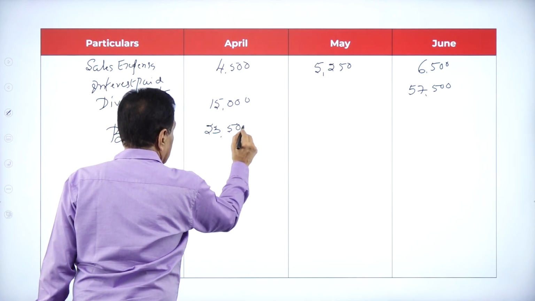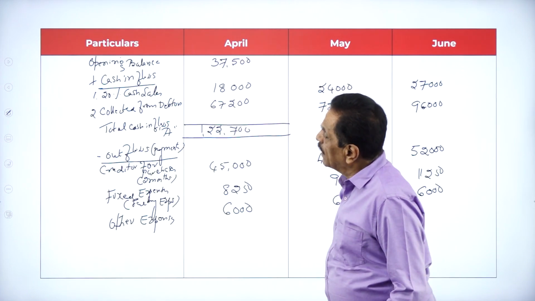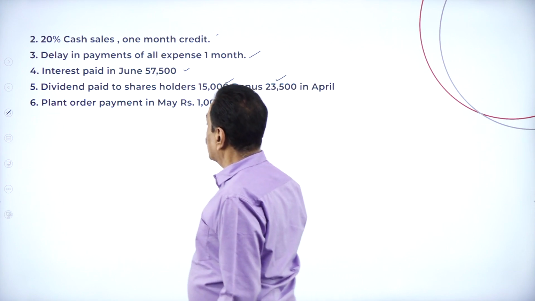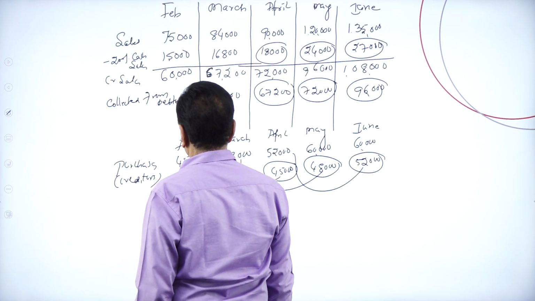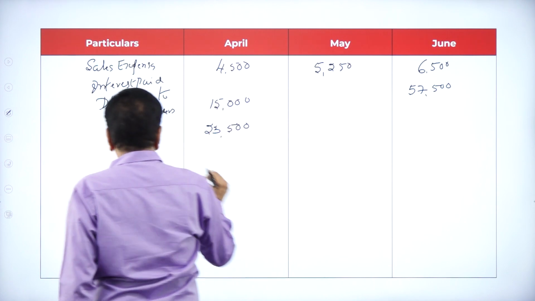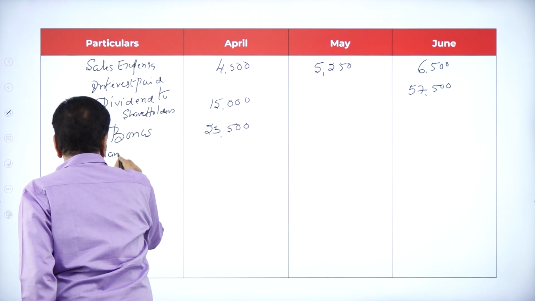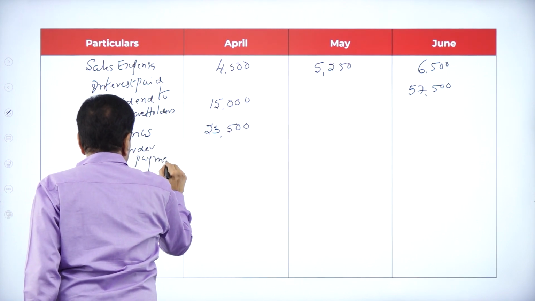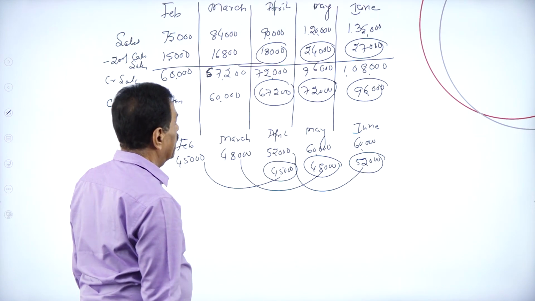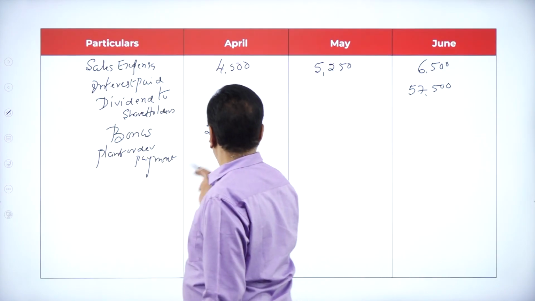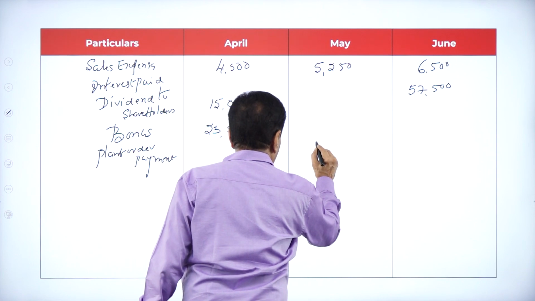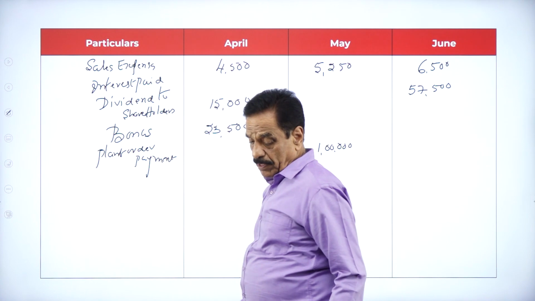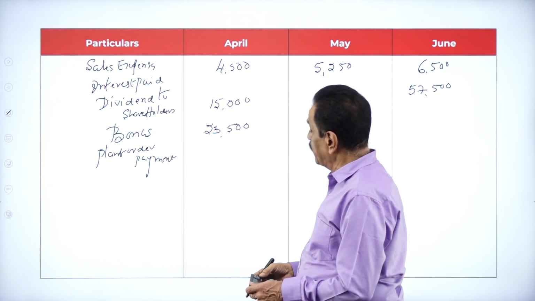These are all payments. Then last one, this over, this over. Plant order payment in May. 1 lakh. Plant order payment in May, 1 lakh. Now add the figure.